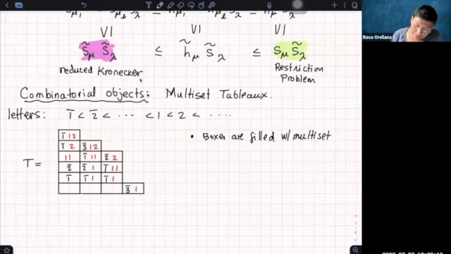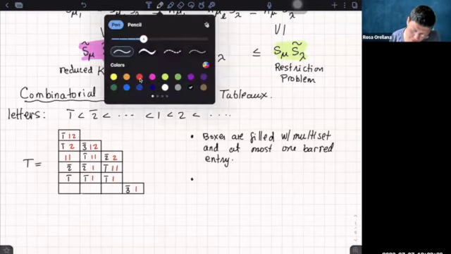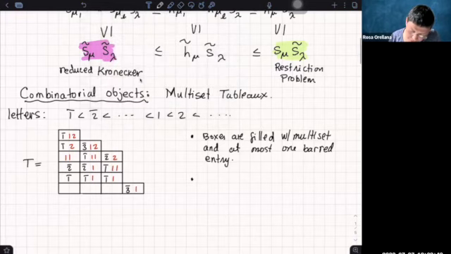So they are filled with multisets, and at most 1 barred entry. And there is a meaning for this, why there will be at most 1 entry when one is doing the product. So it is also column strict.